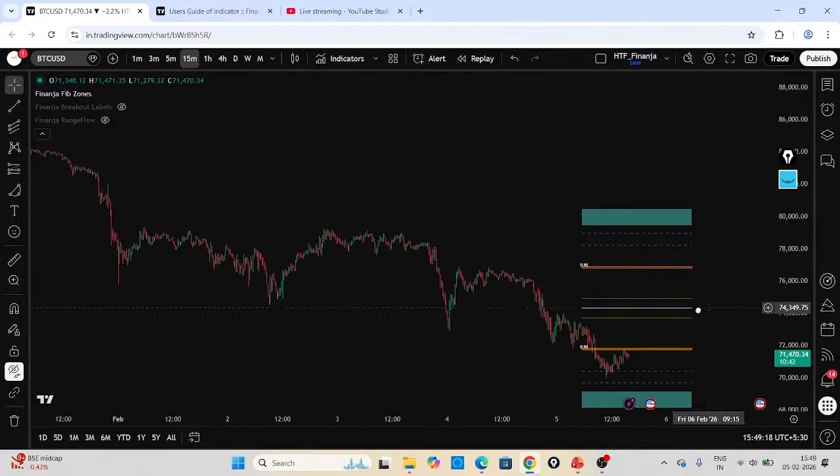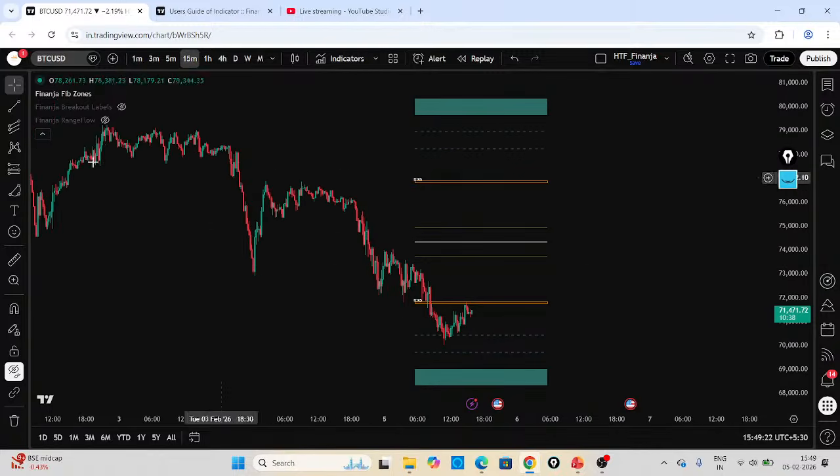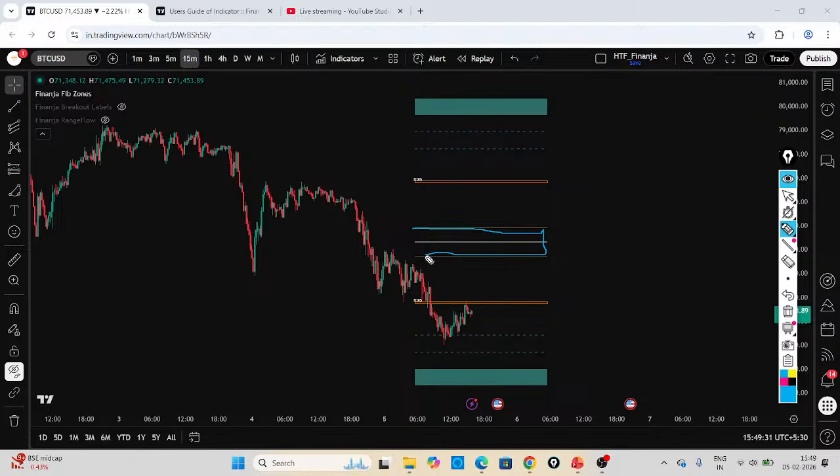Yeah, so let's come to the part, as I was mentioning in the slide, that these zones will play a major role in my indicator actually. So what are these zones? Okay, I'll quickly explain.